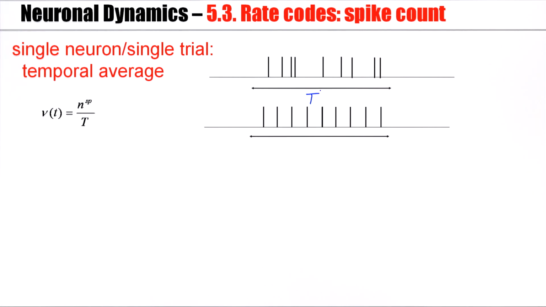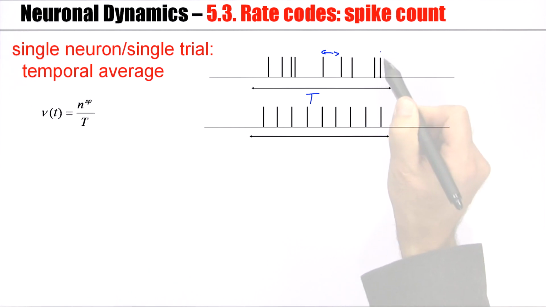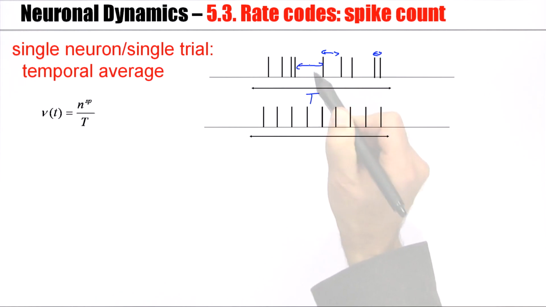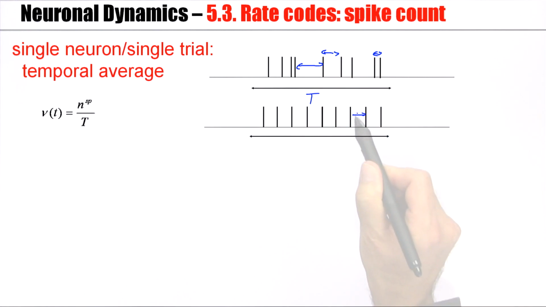Now a different neuron may also have 9 spikes, but the spike train in this case is much more regular. In order to distinguish between the first case and the second one, it's important to look at the distribution of interspike intervals. In this case, there are some short intervals, some medium intervals, some long intervals. Whereas in the other case, all the intervals are nearly the same.